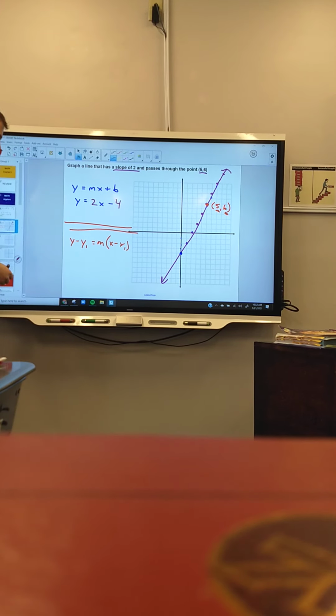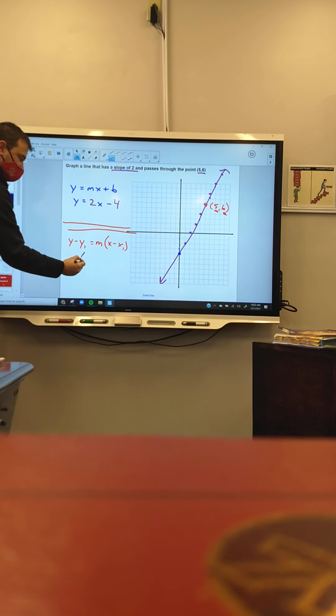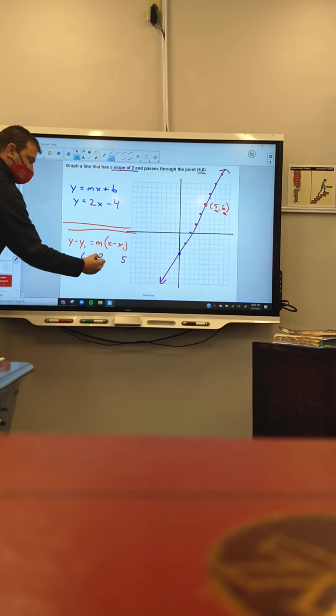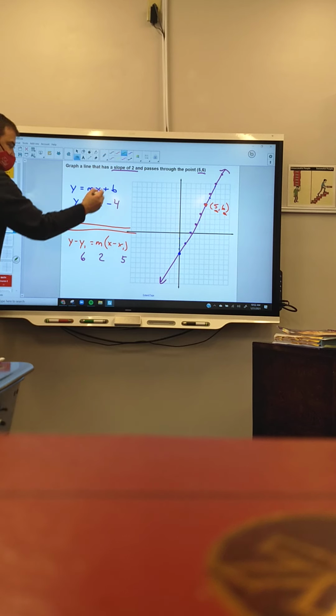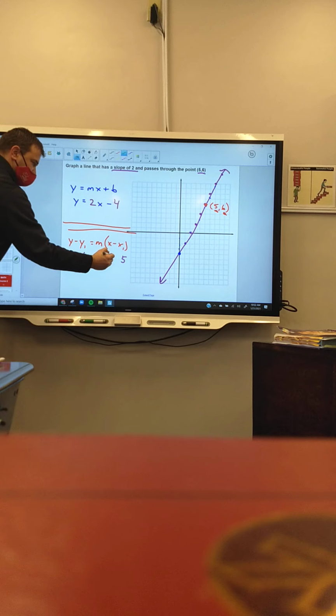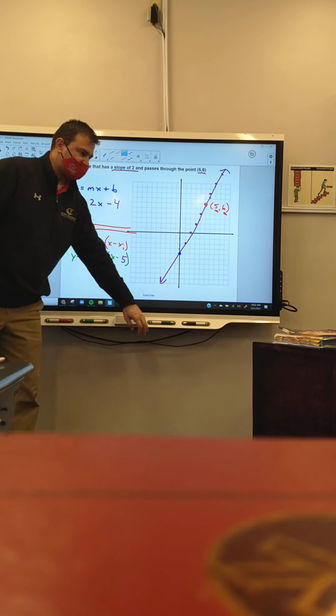So again, we just plug this stuff in. The y that I know of was 6. The x that I knew of was 5. The slope was 2. Everything else simply stays the same. y minus 6 equals 2 times x minus 5.